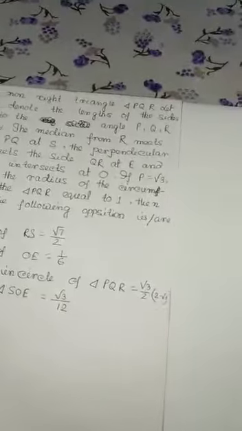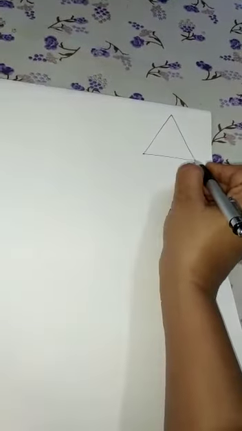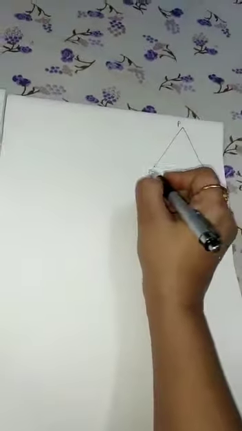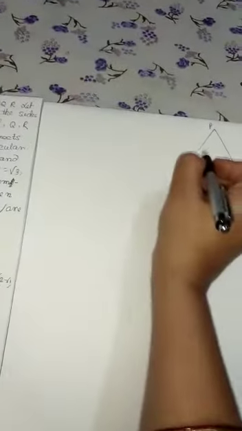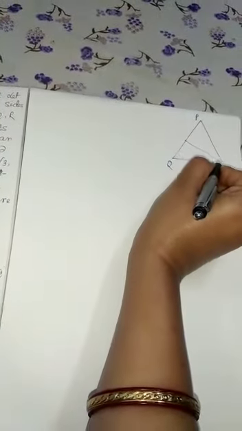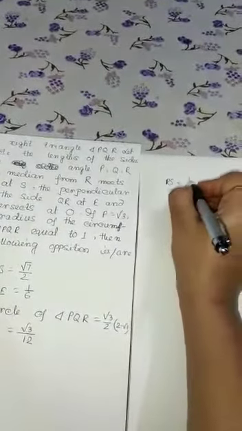Let's draw the picture. First, PQR is a non-right triangle. RS is the median.